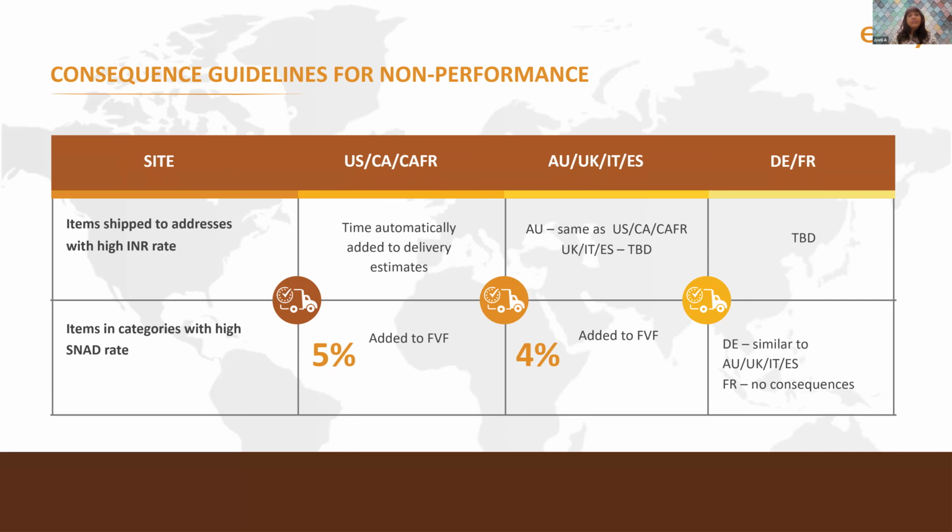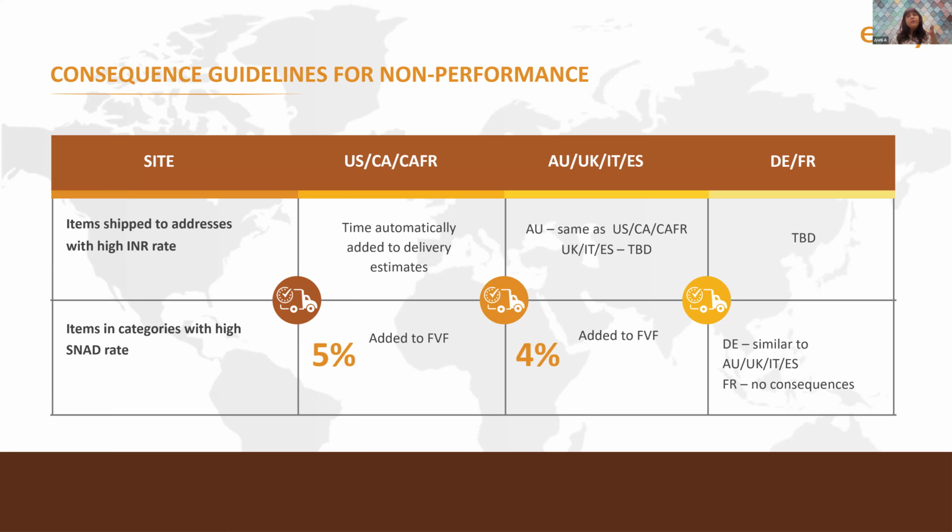As you can see on the screen, for items shipped to addresses with high INR rate, if your listing region is USA, Canada, Canada French, eBay will automatically add time to your delivery estimates, which will make the buyer take one step back before making that purchase because the delivery time is too much.